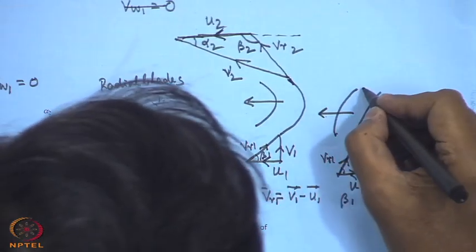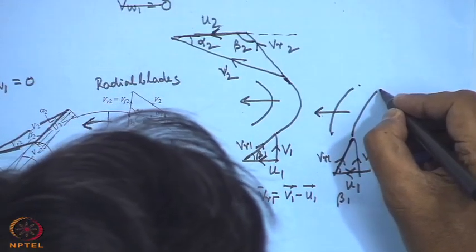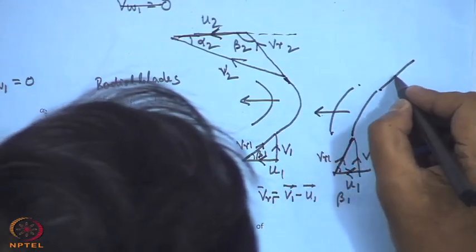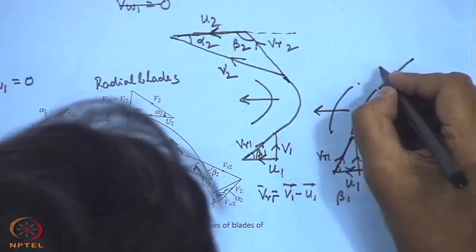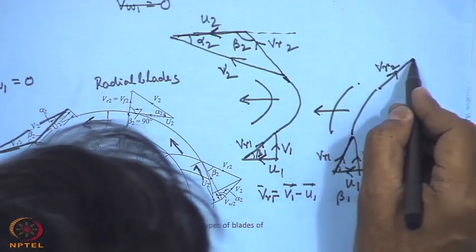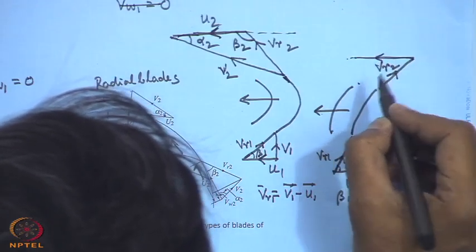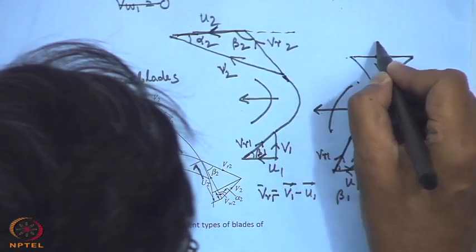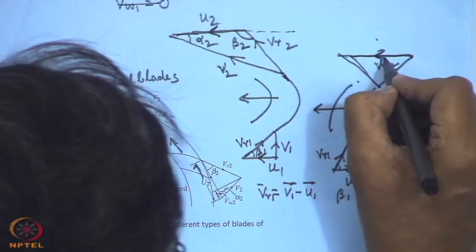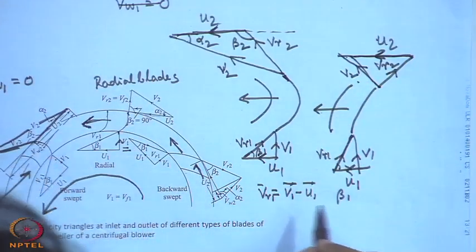For the outlet, this relative velocity is in this direction, that is VR2. Then this velocity is in this direction. So, therefore, the absolute velocity will be, this is U2, this will be V2.